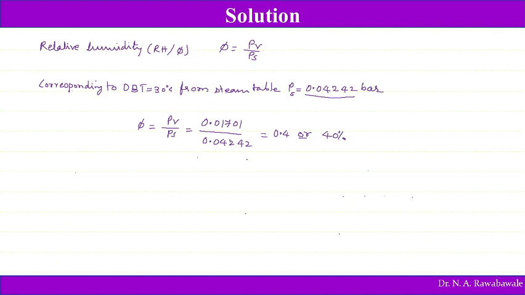Then the next term is specific humidity. Specific humidity omega is given by the formula 0.622 PV divided by PB minus PV. Here we know PV, we know PB, everything is known.